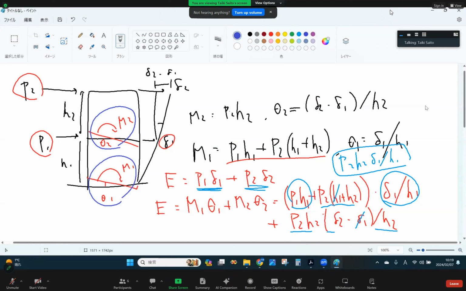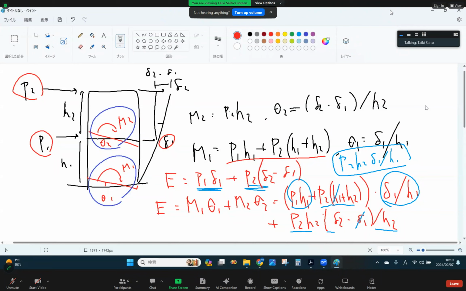This is delta 2 minus delta 1. Would it be the same? Yeah.